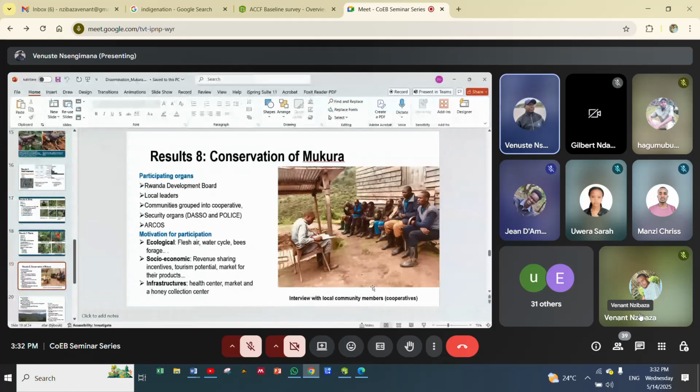And for these people, we have found that the motivation for them to participate includes ecological, socioeconomic, and infrastructures. I mean, ecological services, socioeconomic development, and infrastructures, including health centers, markets, and honey collection centers.